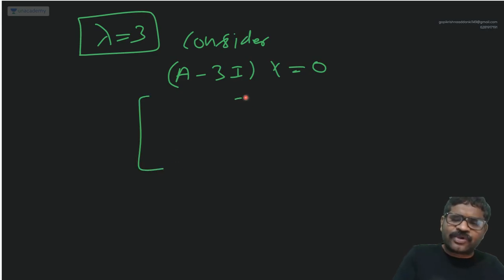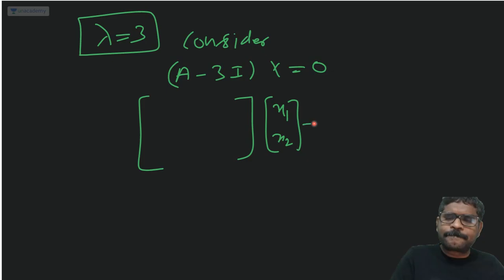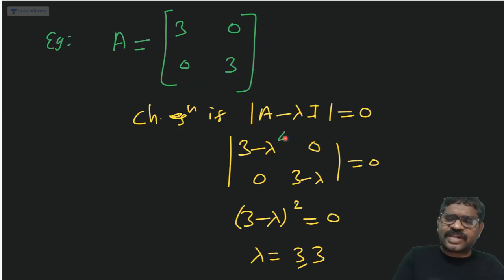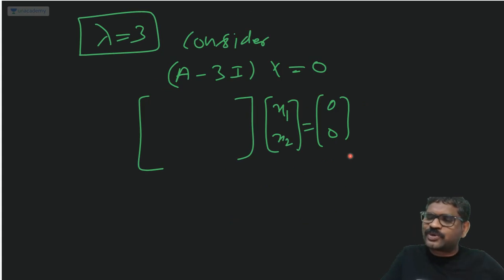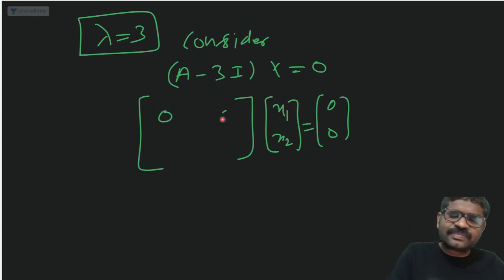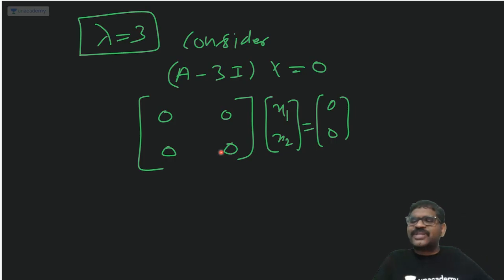Put lambda equal to 3 in A minus lambda I. In the place of lambda, if you put 3, what is the resultant matrix? [0 0; 0 0]. You got a null matrix.